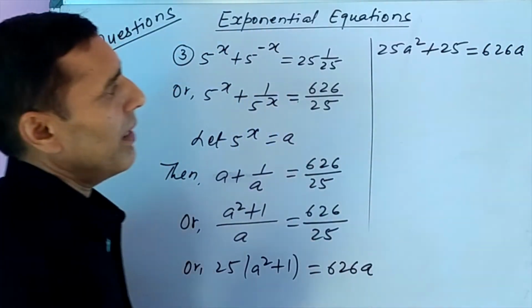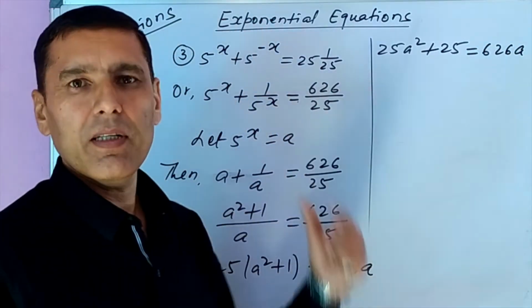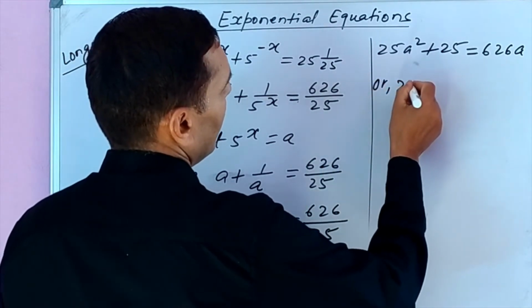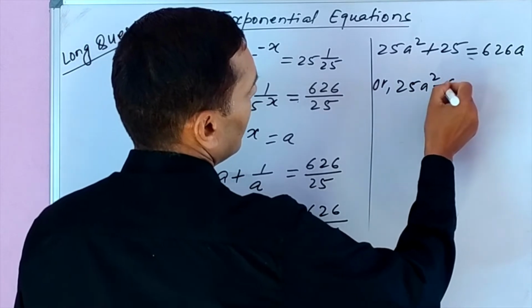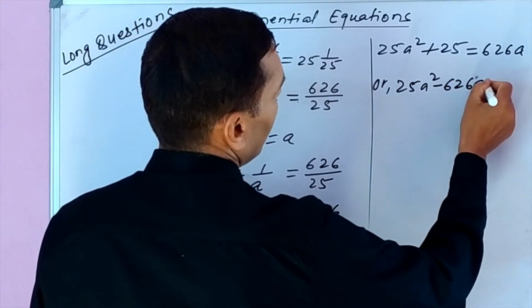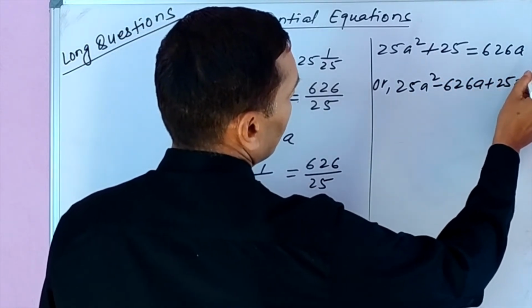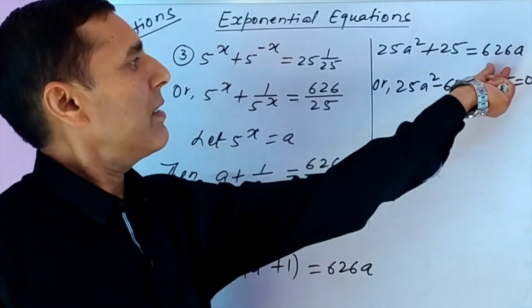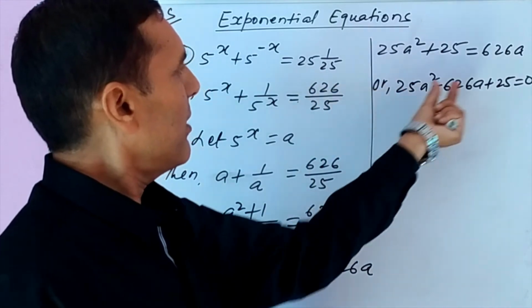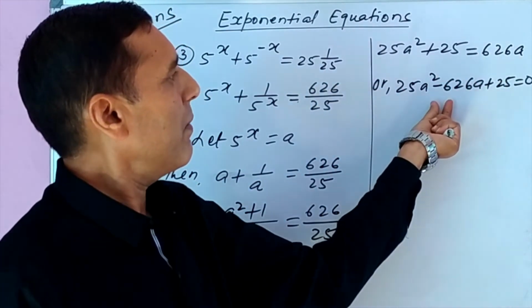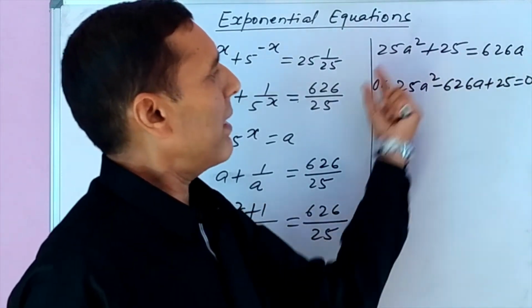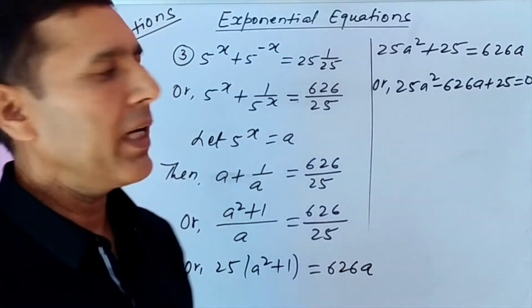Now we bring this right hand side, 626a, also to the left hand side, so that we have 25a square minus 626a plus 25 is equal to 0. When 626a is brought to the left hand side, it becomes minus 626a, and it is kept in the middle. Now we factorize this expression by the product and sum rule.